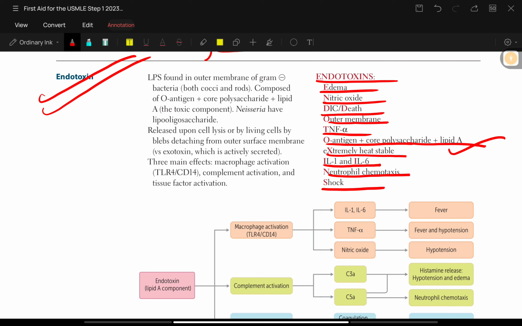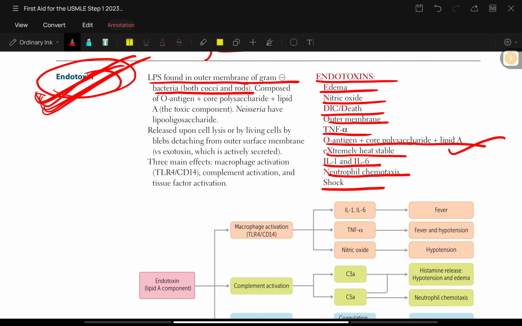Here we see endotoxins, that is LPS, lipopolysaccharides, found in the outer membranes of gram-negative bacteria, both cocci and rods, composed of O antigens and core polysaccharides plus lipid A, which is the toxic component. Neisseria have lipooligosaccharide, which is an exception.